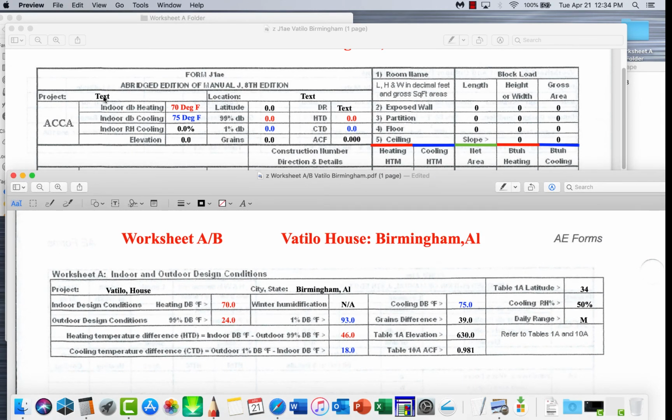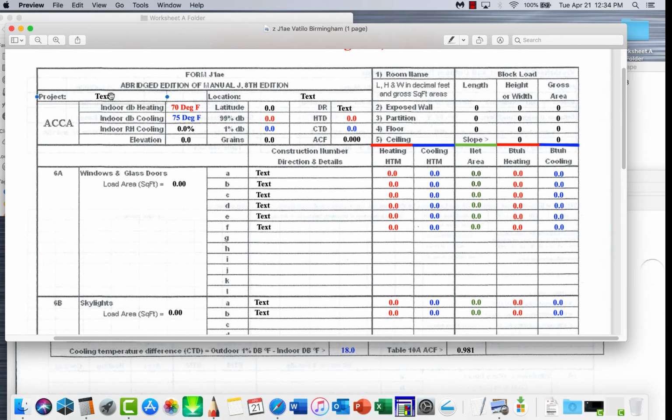All right, first off, make sure you have the correct location. So this is the Vatilo House, and the location is Birmingham, Alabama. If you want to put airport, that's fine. That'll keep you on target. So now all we got to do is go in here and fill in these parts right here.